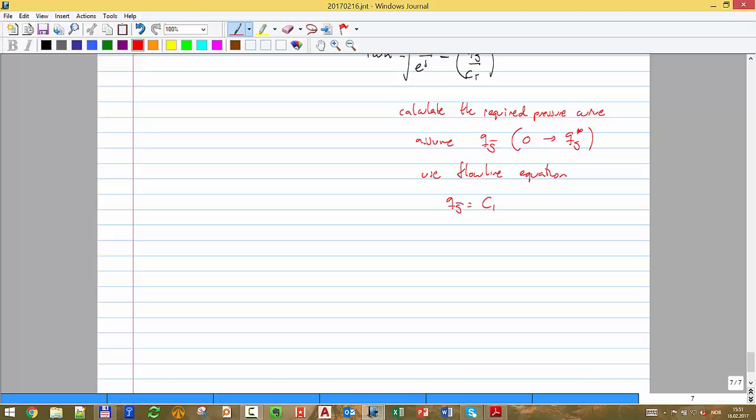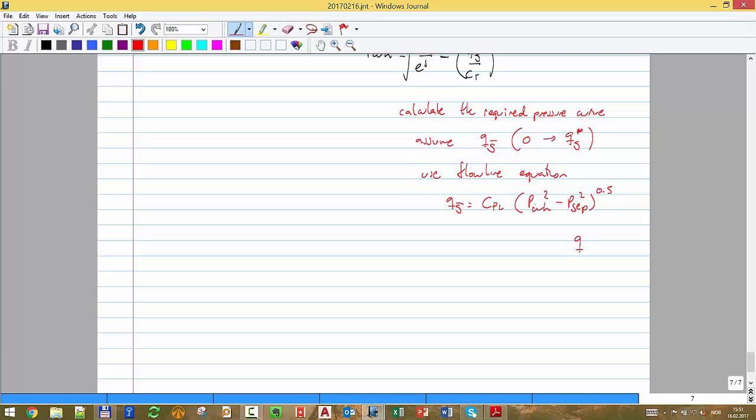And how do I calculate the required pressure curve? Again, I assume a Q between 0 and QG star, a number that I fix arbitrarily. Then I use the flow line equation, and the flow line equation was QG equals CFL times the square root of P wellhead squared minus P sep squared, okay.